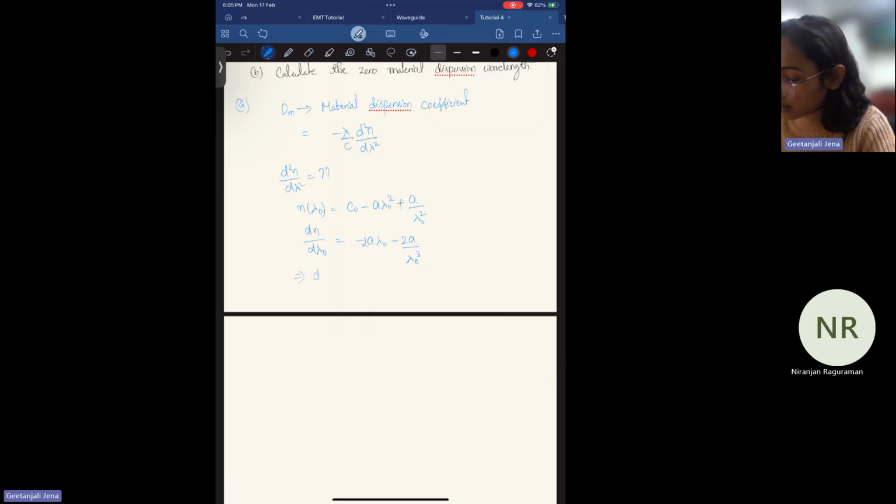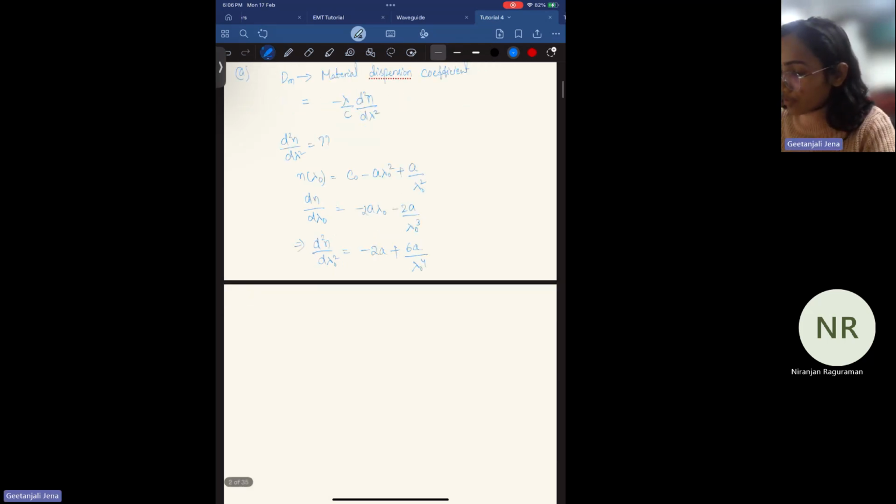We have to take another derivative, d square n by d lambda square, which will be minus 2A plus 6A by lambda_0 to the power 4.